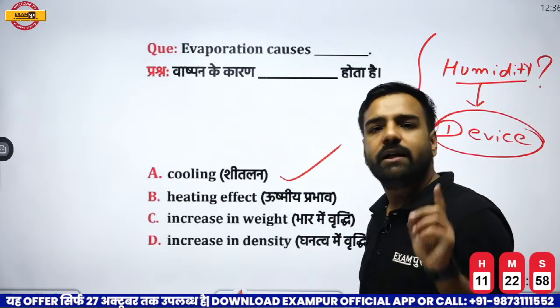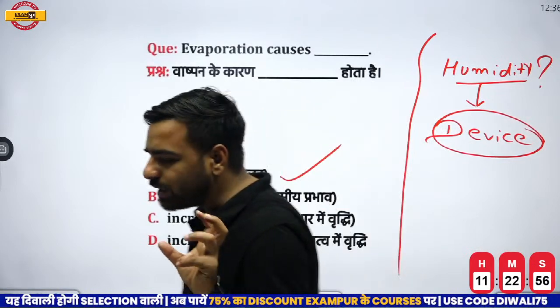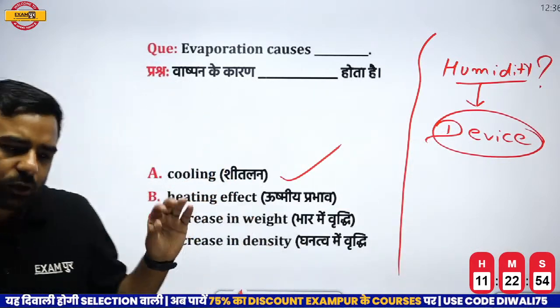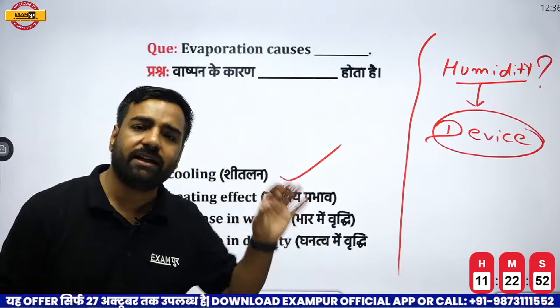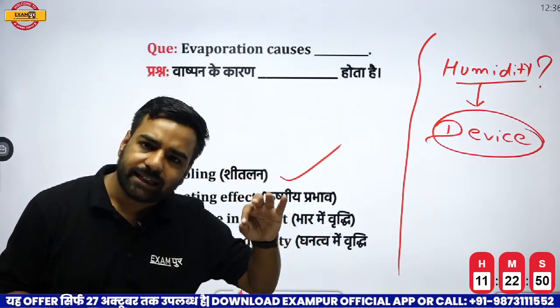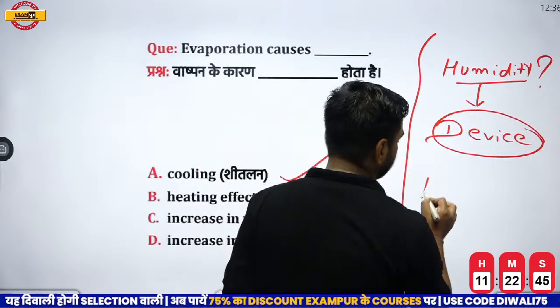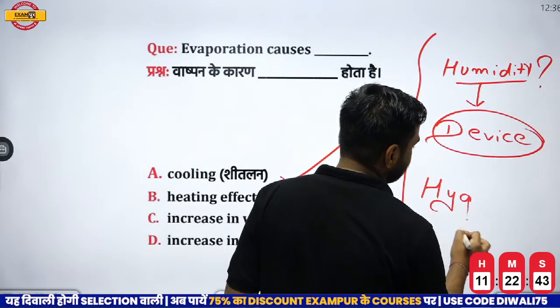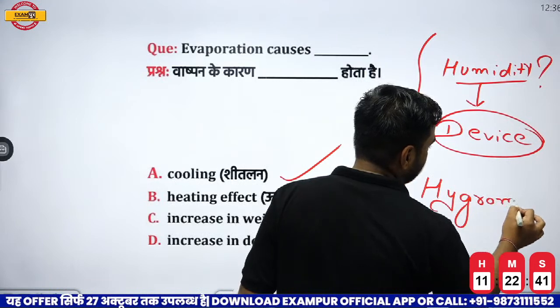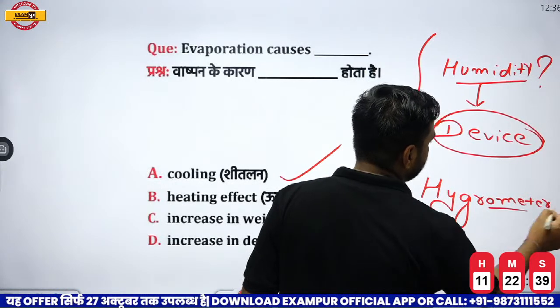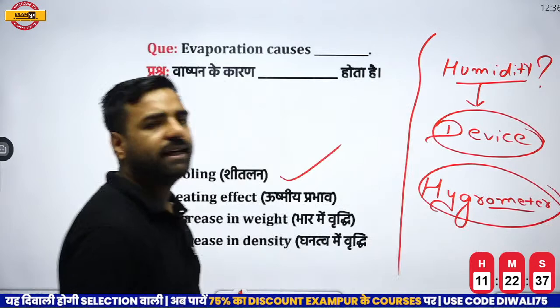Very important part. And the second important thing is, when we are talking about moisture, we are talking about the moisture present in the environment. In Hindi, we call it adrata. This humidity is actually measured by a hygrometer. So a hygrometer is a device used to measure the humidity in the environment.